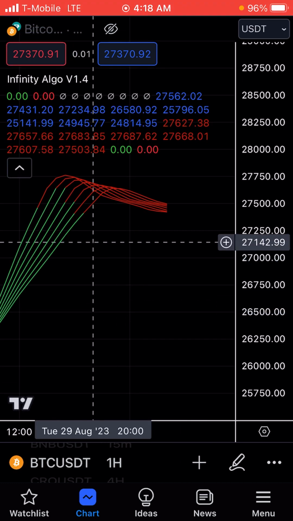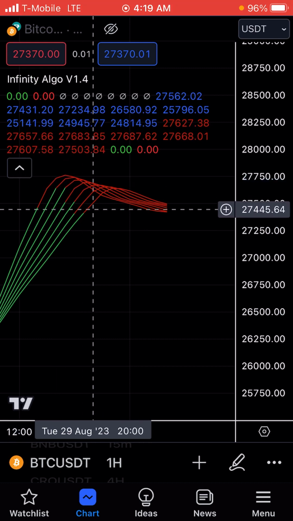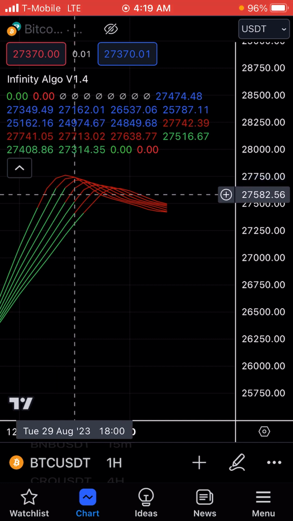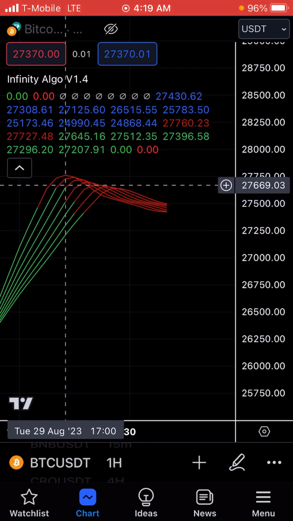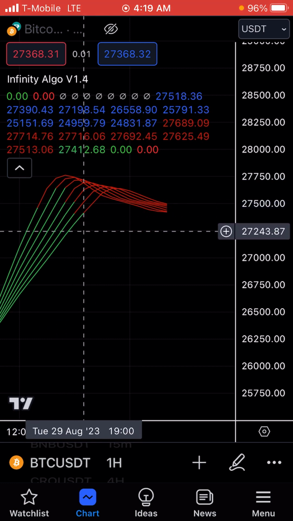So when the line has almost all of it being red or green, whichever signal you want, when you get all of them starting to turn red, that is an indication that it's going to start going in that direction. So for green, look for green. If it's red, look for red.